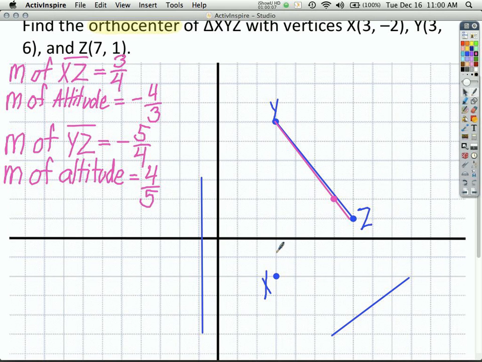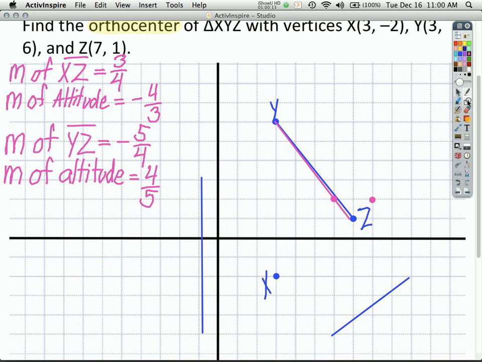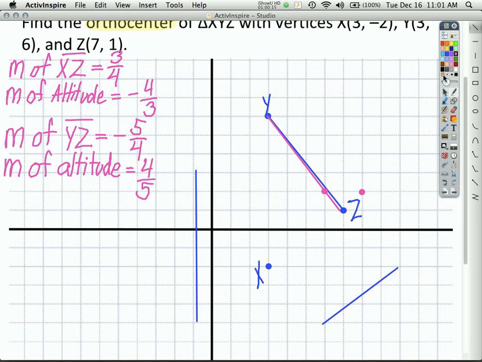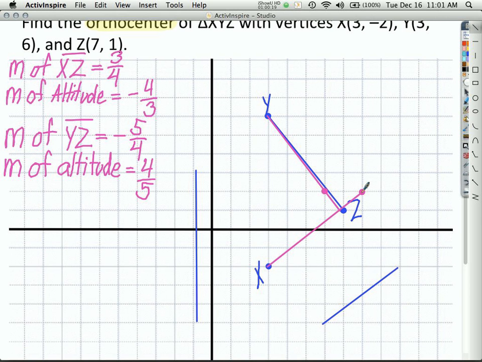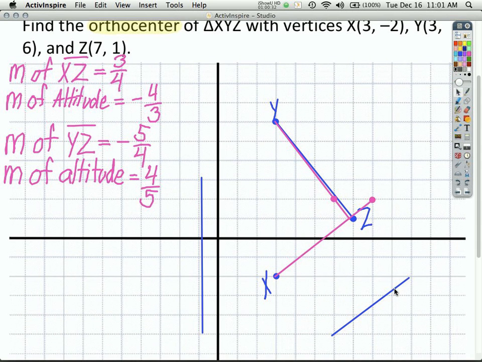Let me do it again. 1, 2, 3, 4, 3, 4, 5. And when I draw a line through those, we get the altitude, and now let me put back the original triangle.